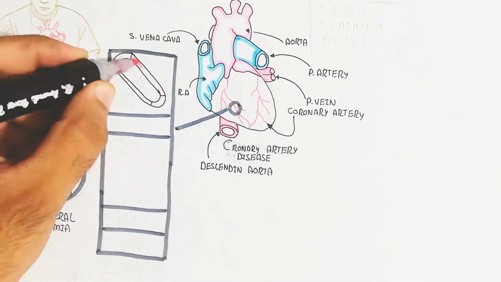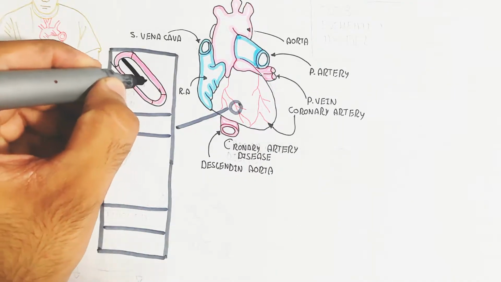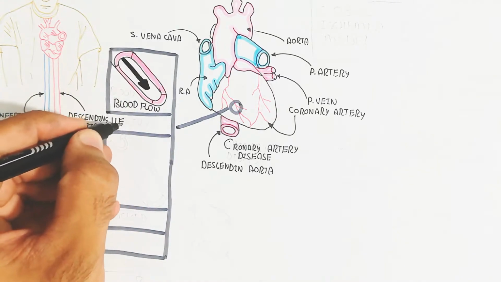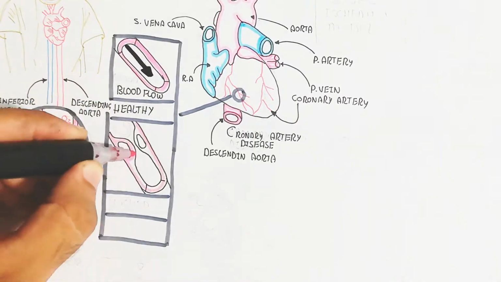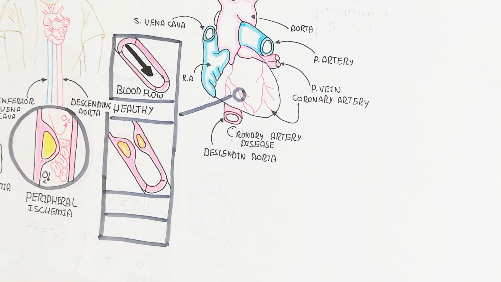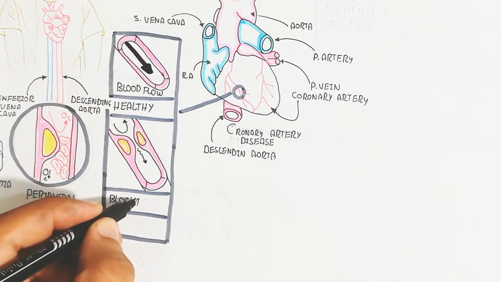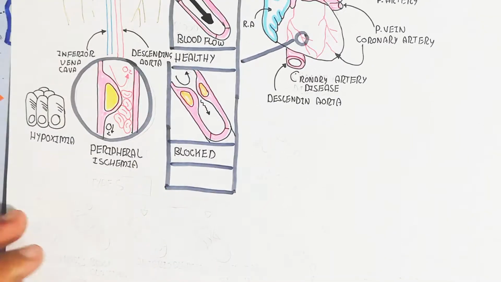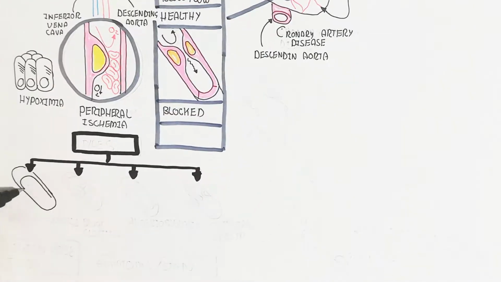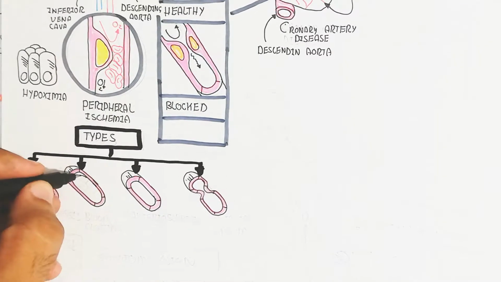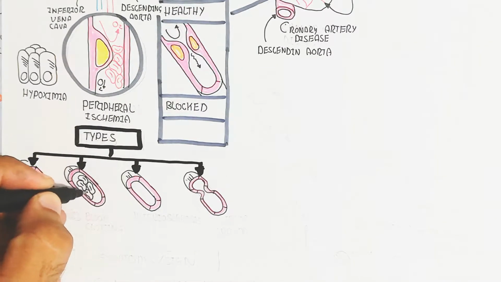Here is the normal blood vessel, which flows normal blood, and is healthy, but the blocked coronary artery will not provide efficient oxygen to the cardiomyocytes. In this way hypoxia will occur, leading to anaerobic respiration, but aerobic respiration will be inhibited and will not produce efficient energy.